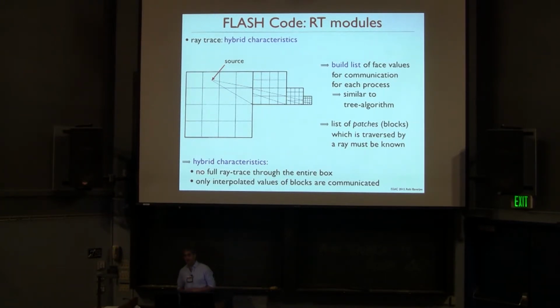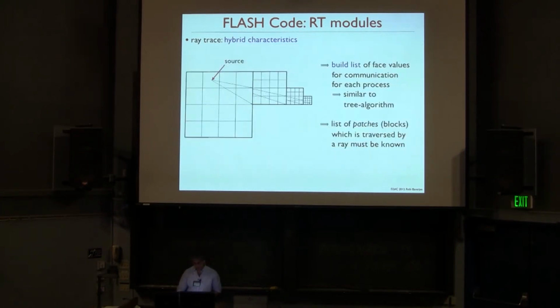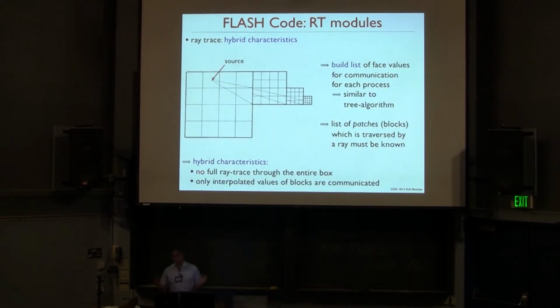The internal walk of the rays is still based on a long characteristic trace, but at the end of the day you do this only locally on each CPU up to your patch boundaries, in our case block boundaries, where you store the phase values and then communicate them. Hence you get a speedup. You don't have to traverse a single ray through your entire simulation box. That's why he calls it hybrid characteristics.